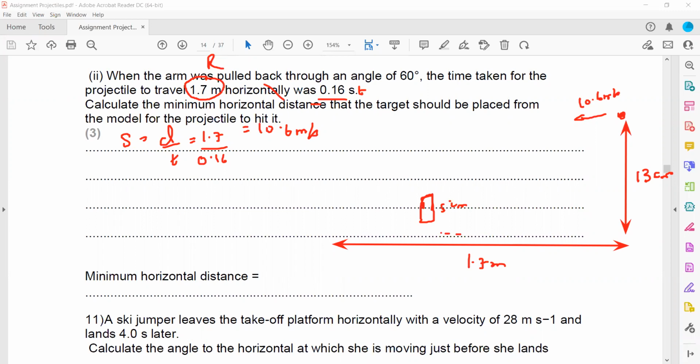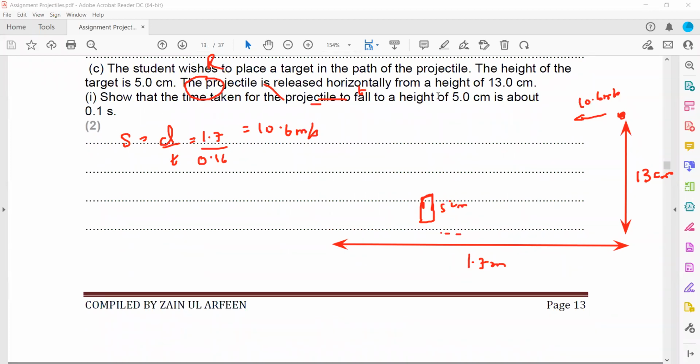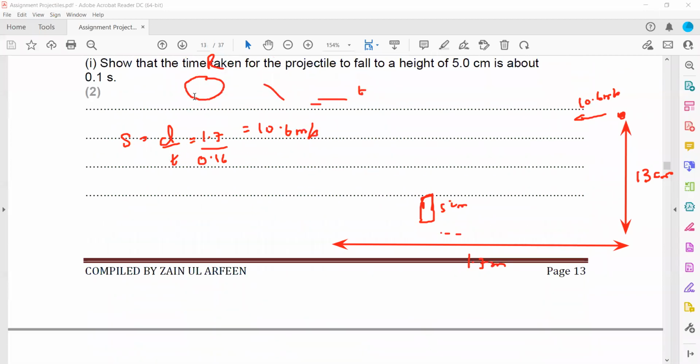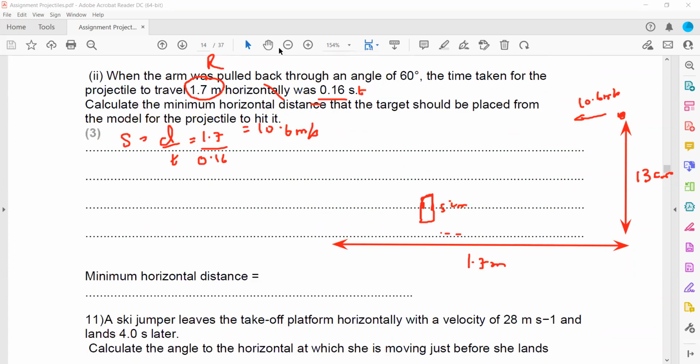Now, if you check the previous part, it was taking about 0.12 seconds to reach the target. Both parts are interrelated. So we got the horizontal speed and we know the time to hit the target was 0.12 seconds. So the time to hit the target is 0.12 seconds and the launching speed is 10.6. Now we'll find the horizontal distance.